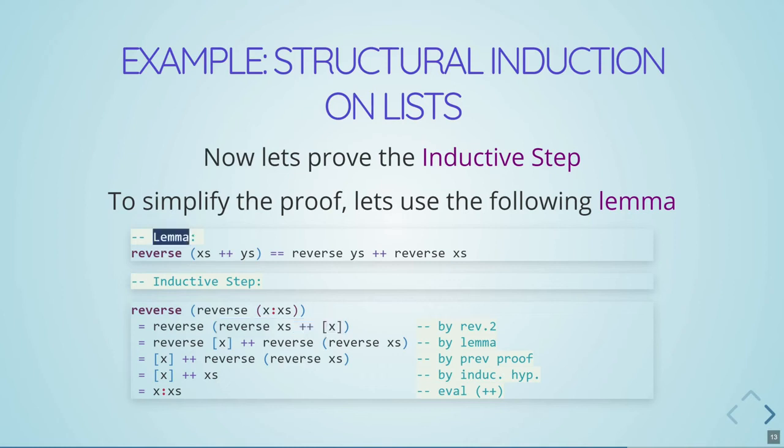What I know to be true is, I have this term here, reverse of something plus something else, so it's like reverse of xs plus something else. What I want to do is distribute this reverse to the individual terms inside of here.